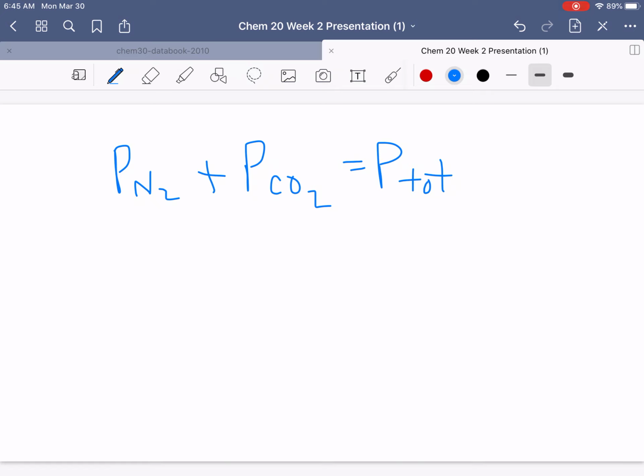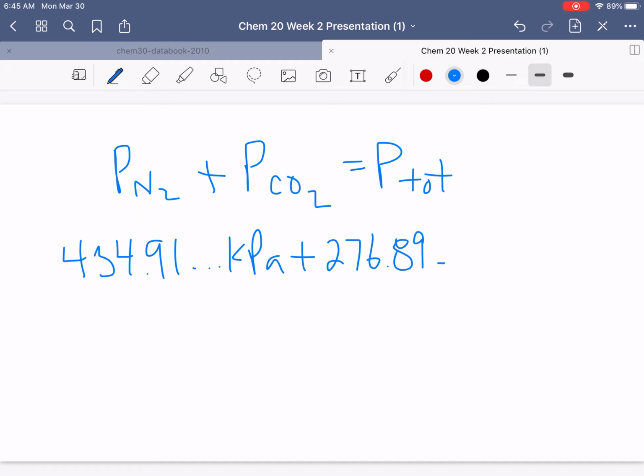Remember, unrounded values, 434.91... kilopascals for nitrogen, plus what we just got for CO2, 276.89... kilopascals. Add those two together, and P total is going to be 712 kilopascals.